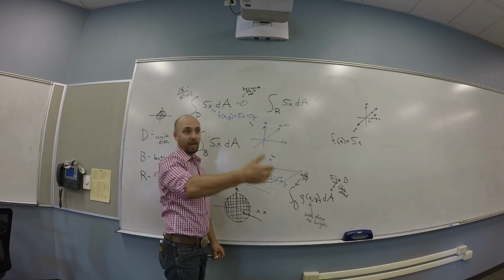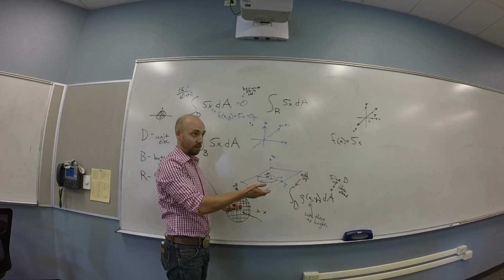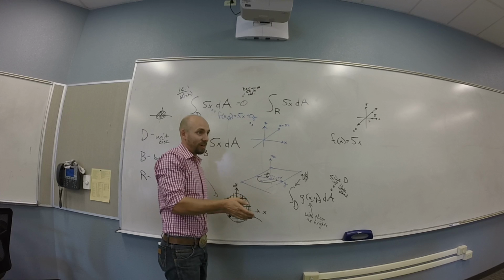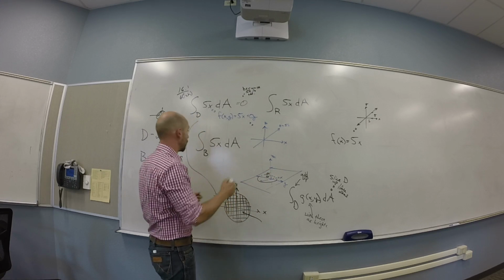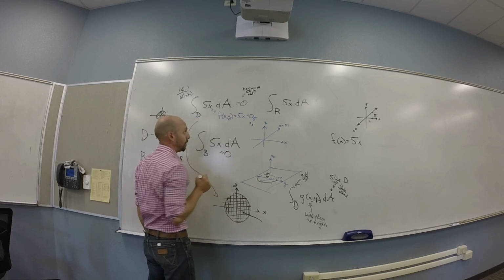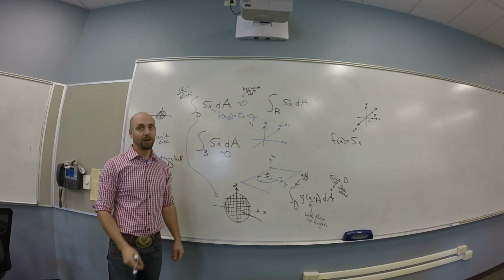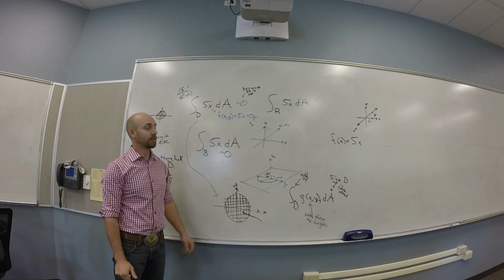We still have x's that are positive and x's that are negative in the same picture. So we're going to get half wedges, but there's still a positive one and a negative one, so this guy's still going to be 0. Again, that's because 5x is odd and we're integrating over a region symmetrical with respect to the y-axis.